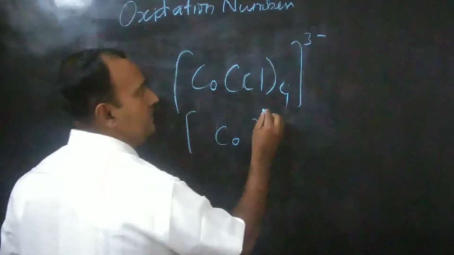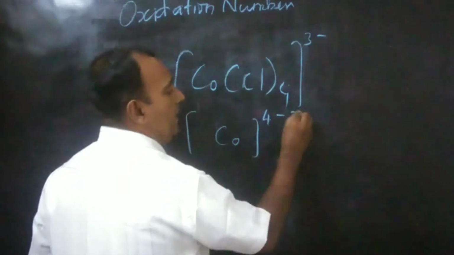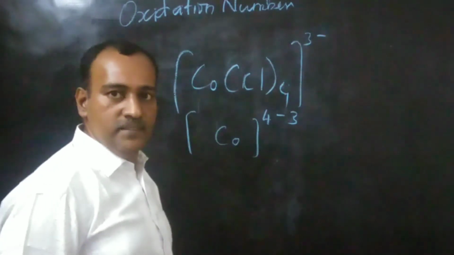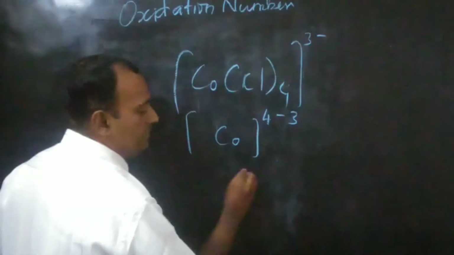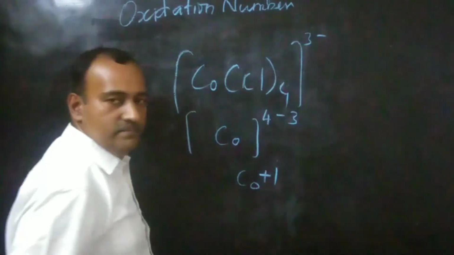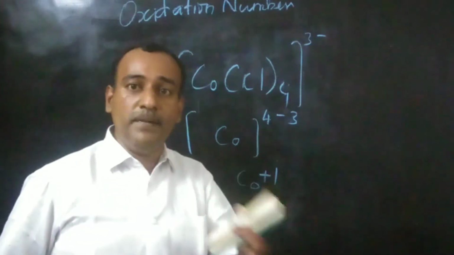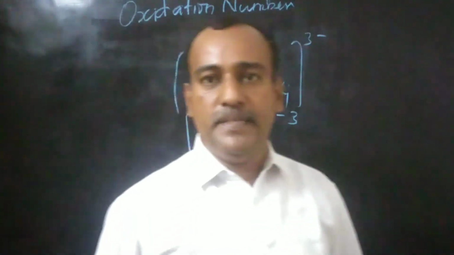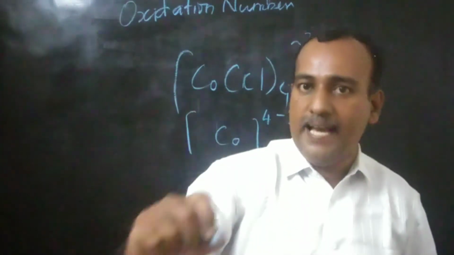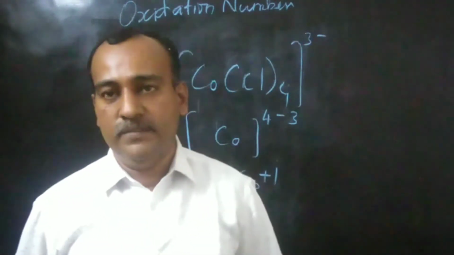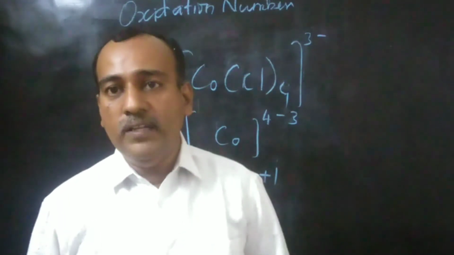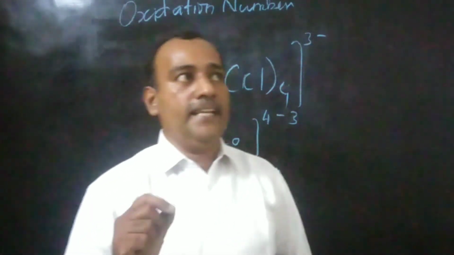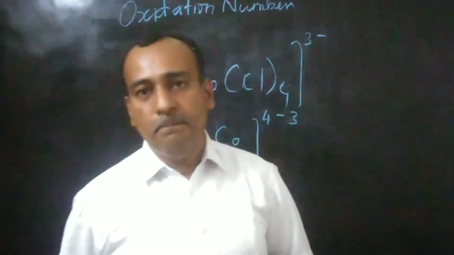So what happened? 4 minus 3. That means the charge on Co will become plus 1. The charge will become +1. So oxidation number is the charge carried by the central metal atom when all the ligands are removed along with their electron pairs.